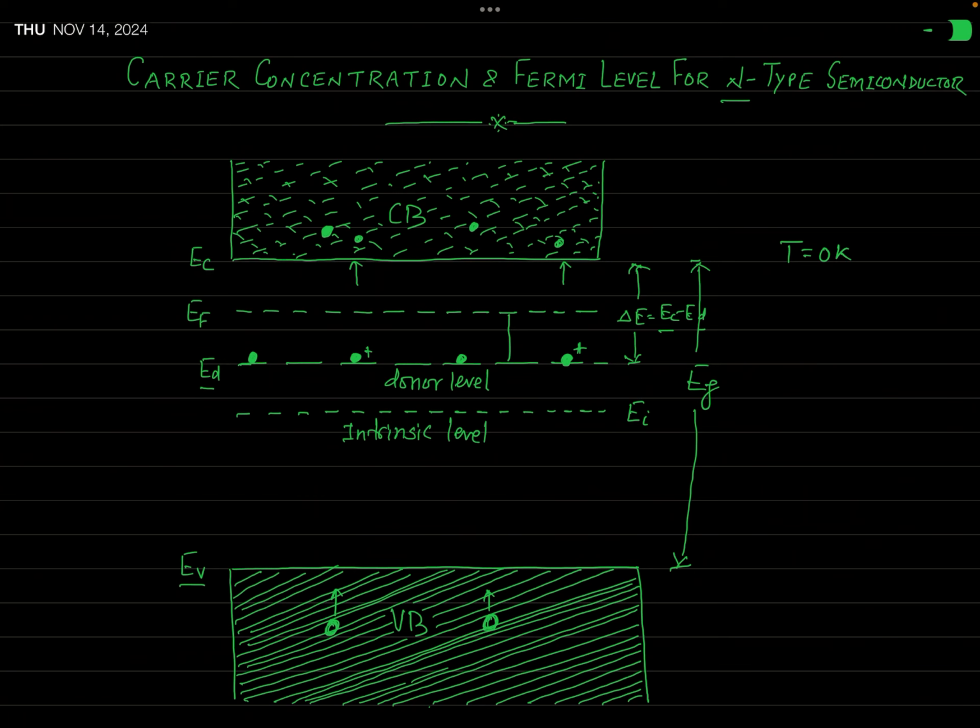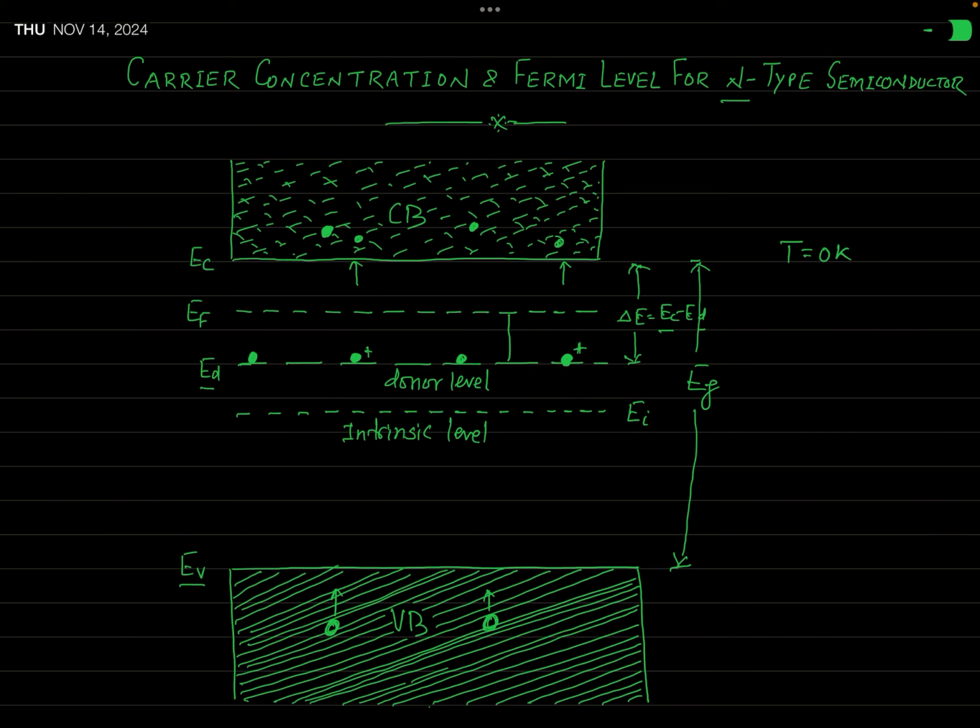But no hole is created. But the electrons from the valence band also move to the conduction band, and due to this transition of electrons, holes are left in the valence band.